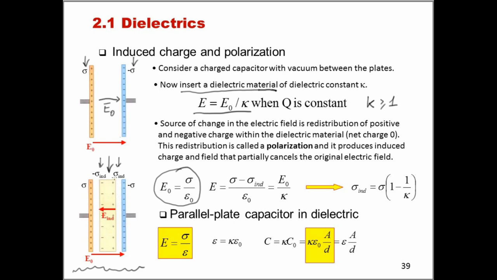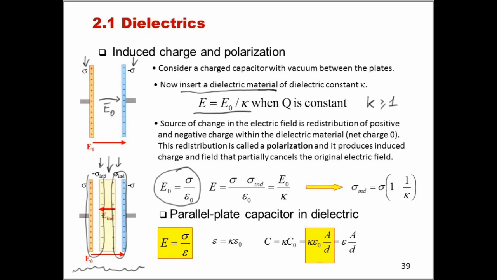And because the induced positive charge faces the originally negative charge present on the plate, this means that effectively on this end the total charge is smaller, so the total negative charge is decreased by the presence of this positive charge, and the same happens on this end.